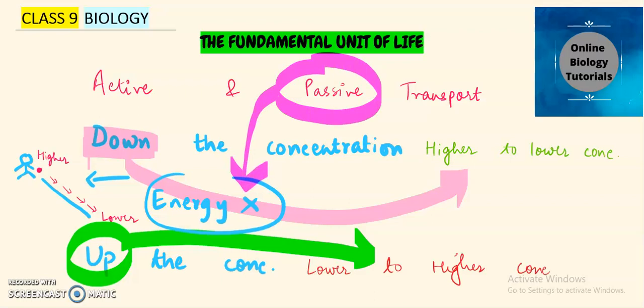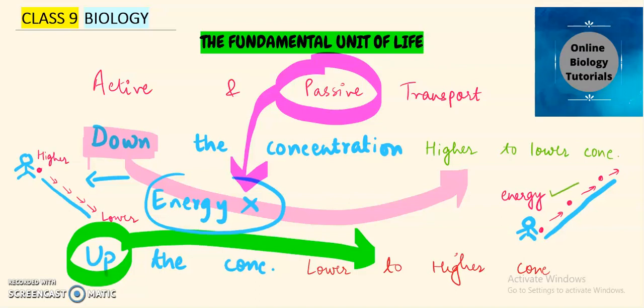Now let's take another example to understand active transport. Again, this is funny me and the slope is in front of me. I am standing on the ground side. I have a ball. When I throw this ball up the slope, I need to apply some force. When I apply force, I am giving energy from my body to the ball so that it can climb up high.